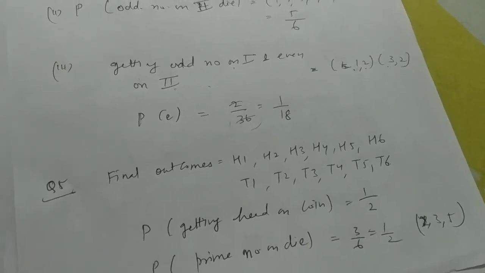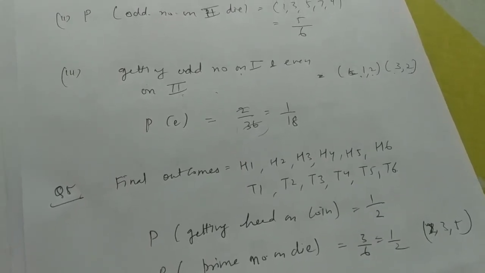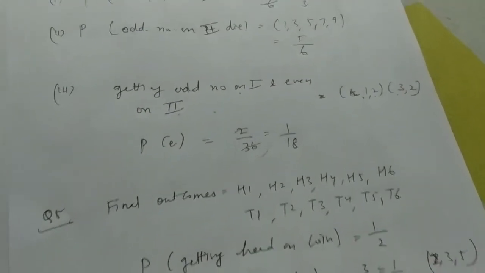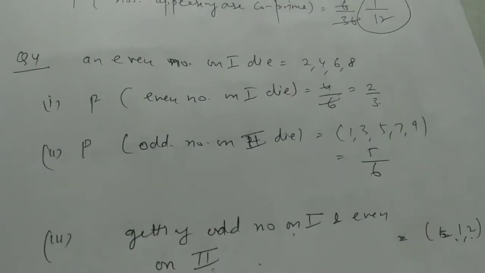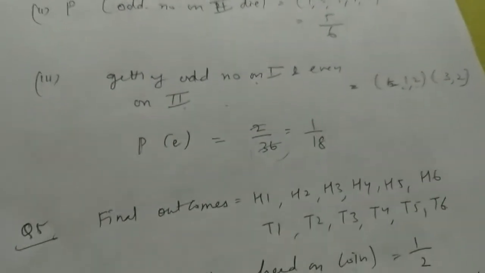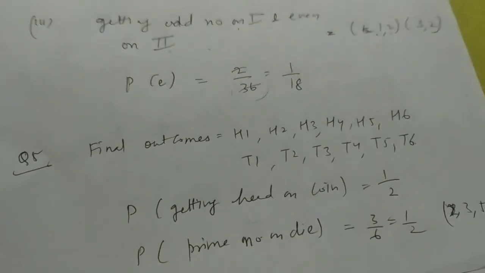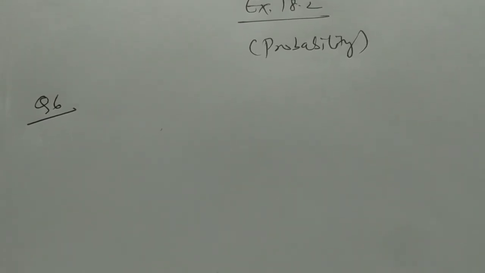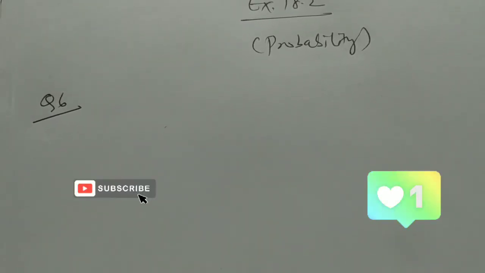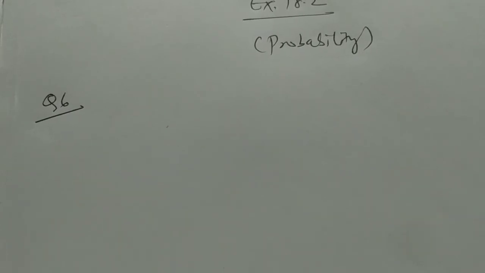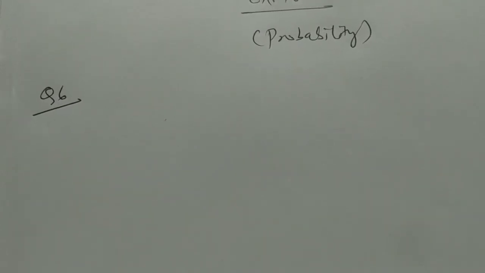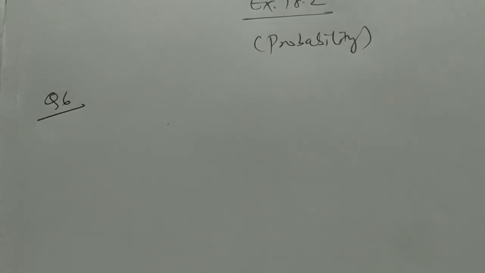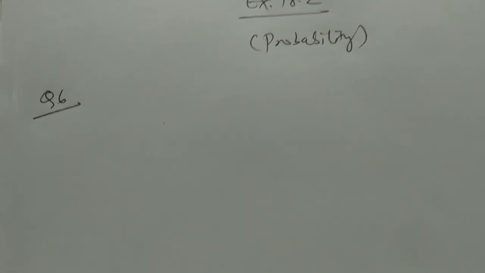Now come to the last two questions, which are question number 6 and question number 7. Have a full glance of question number 4 and question number 5. So question number 6 says there are 2 bags, one containing 4 red and 5 blue balls and the other containing 6 black and 2 white balls. One ball from each bag is taken out. What is the probability that the balls are first red and black, second blue and white, third red and white, and fourth blue and black?